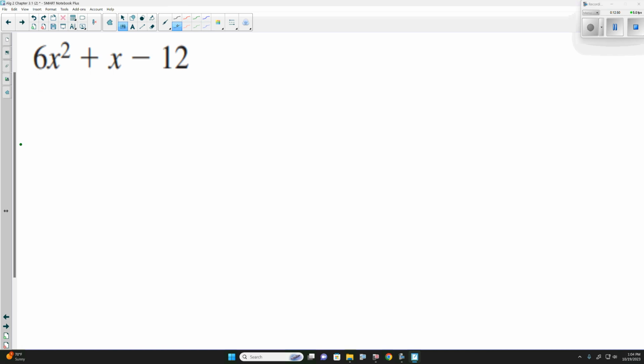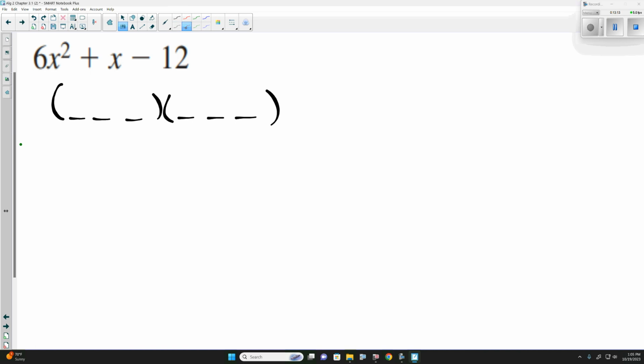Now, looking at this one here, is there a greatest common factor between all 3 terms? Well, 6 and 12 do have a greatest common factor of 6, yes? But the middle term is 1. So there isn't one amongst all 3.